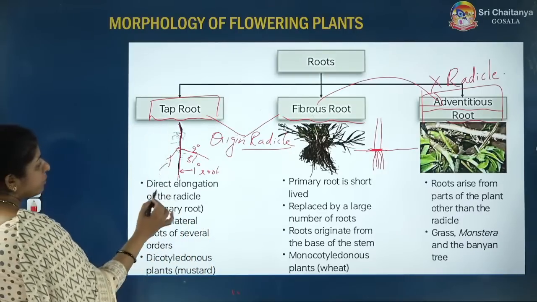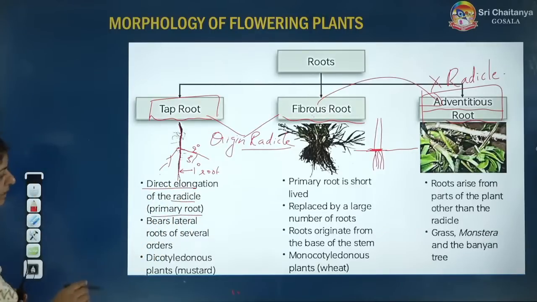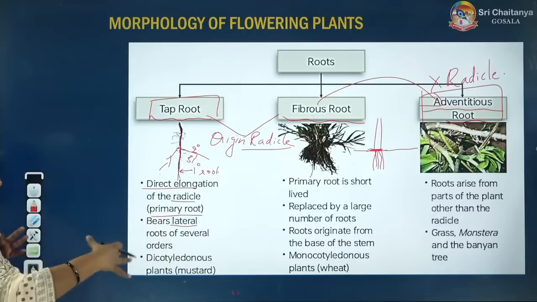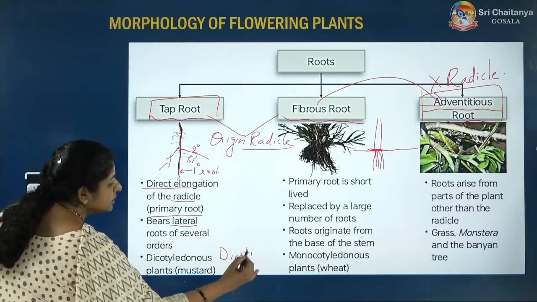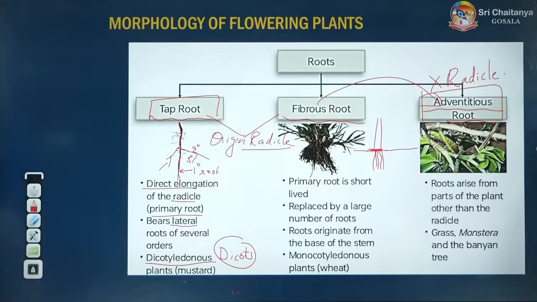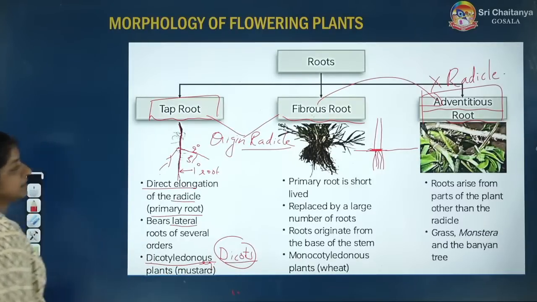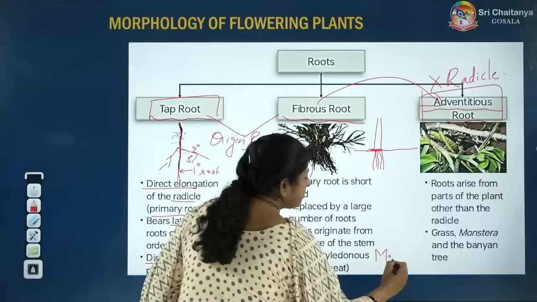What is taproot? The directly elongated radicle which forms the primary root. It bears lateral roots. For example, dicots, which we also call dicotyledonous plants. For example, mustard. What are monocot and dicot?